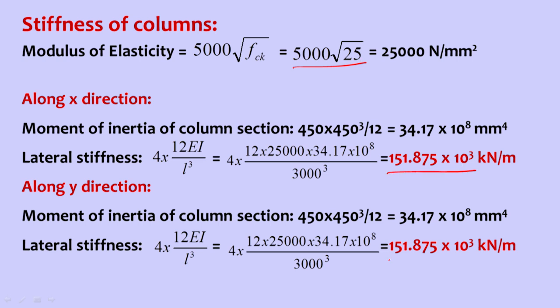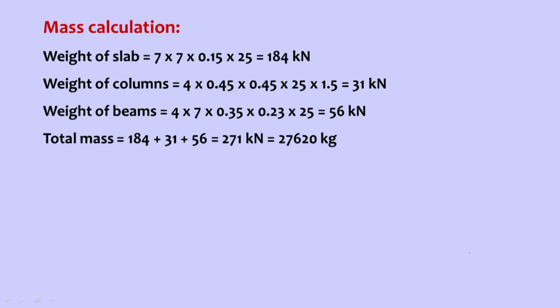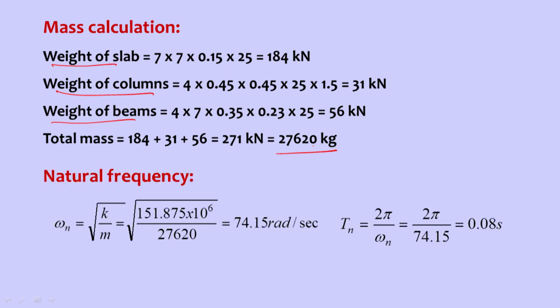Because it is symmetric in both directions, this moment of inertia is the same in both directions, and then the calculation of the mass. We take the weight of the slab, weight of column, weight of beam and total mass, so 27,620 kg, and then the natural frequency of the primary system, 74.15 radians per second, so the time period is 0.08 seconds.